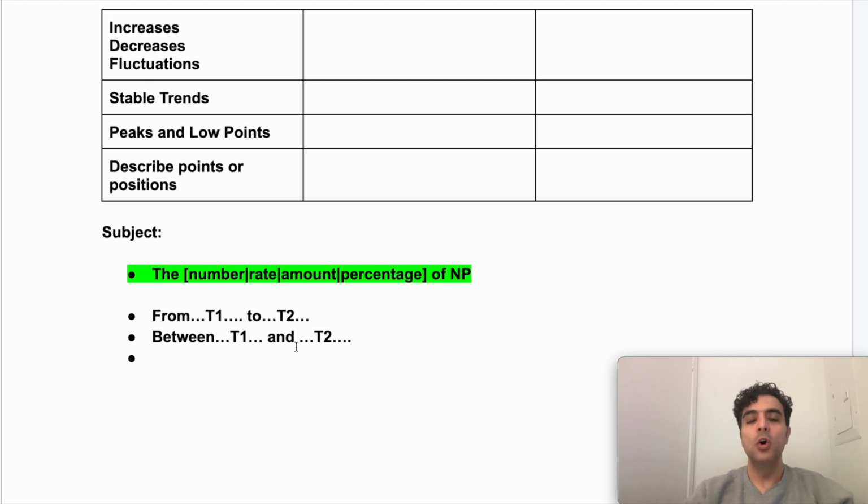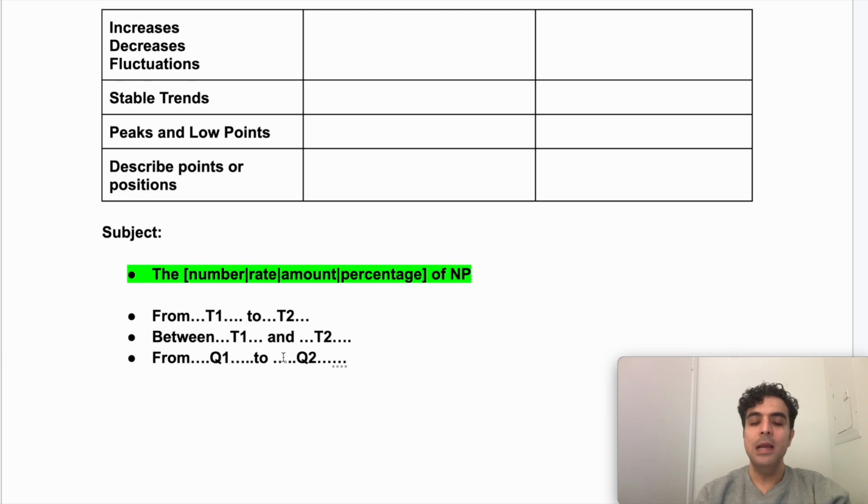But adverbs aren't only used to describe time periods, they're also used to describe changes in quantities, right? So when we say the number of students increased from January to March, we also want to include how many students were added, right? So what was the number of students in January and what was the number of students in March? How can we do this? So once again, you could use the structure from Q1, meaning quantity 1, to Q2, which is quantity 2.